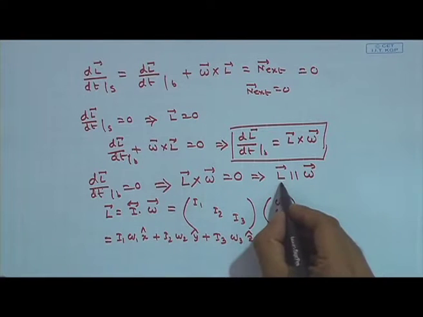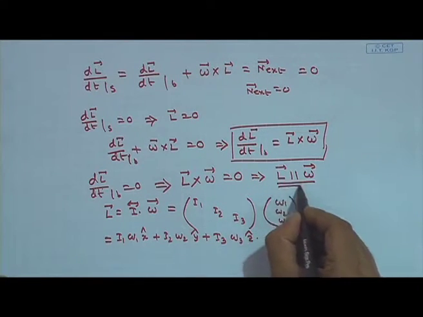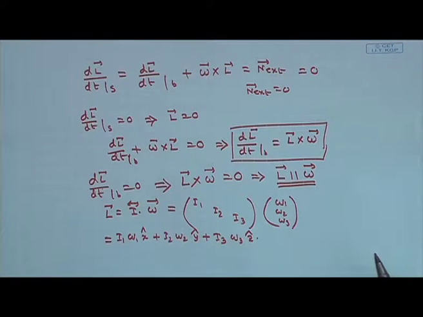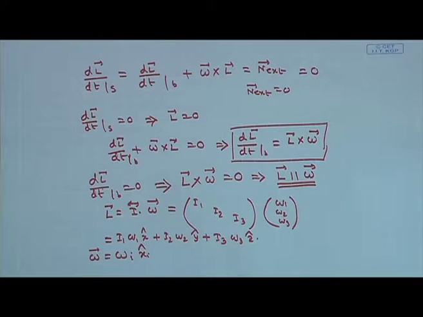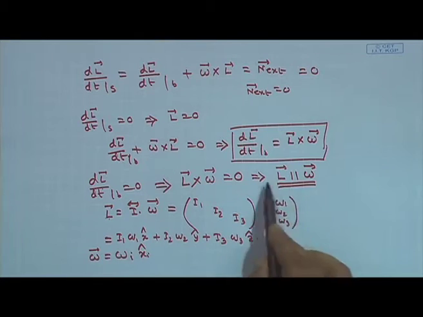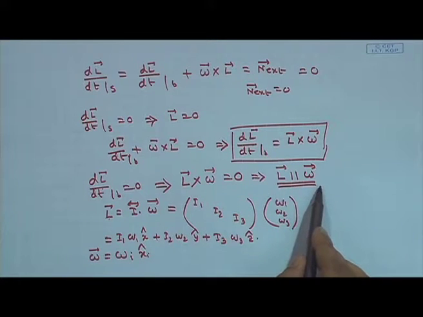Now, if L is parallel to omega, that is possible if and only if omega is omega i xi cap. So, omega has to be, or the axis of rotation has to be one of these. If we have a general direction where all three components are present, then these two vectors, omega and L, will never be collinear, never be parallel to each other.